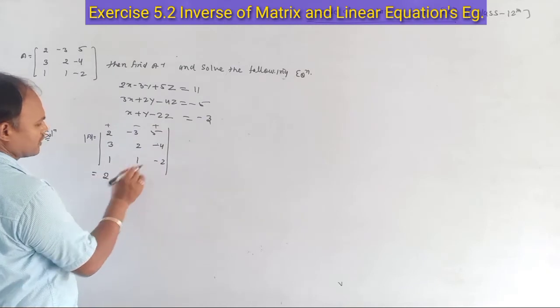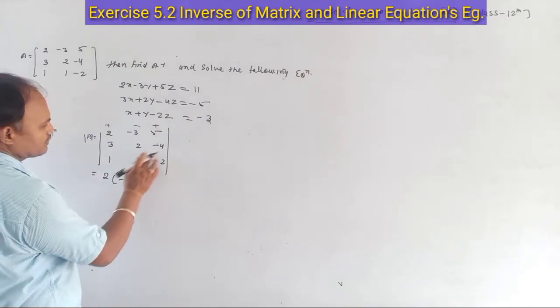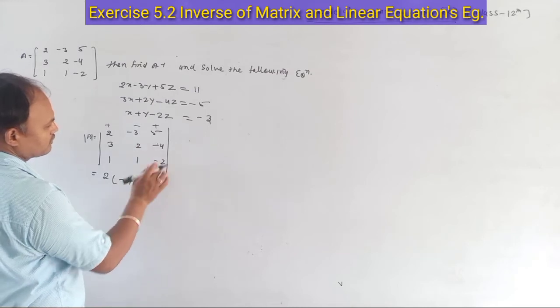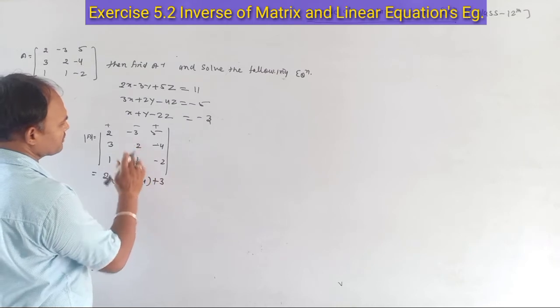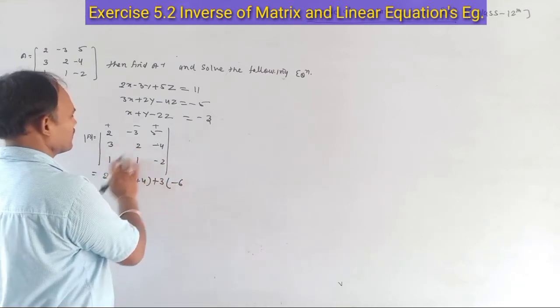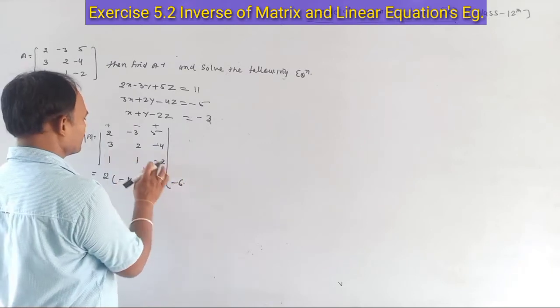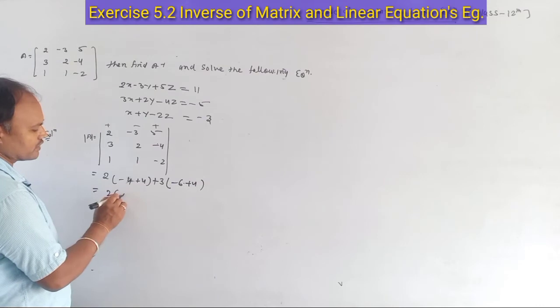So it is 2 times minus 4 plus 4, which is 0.